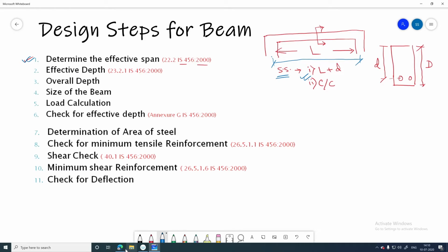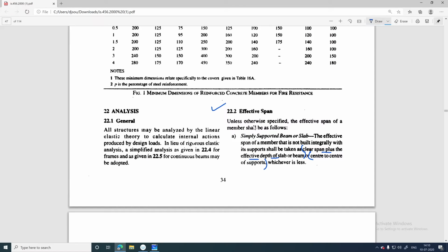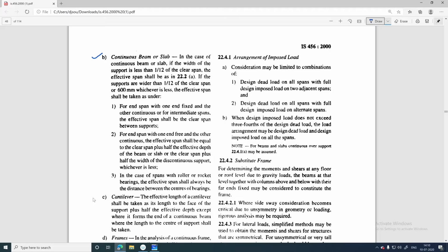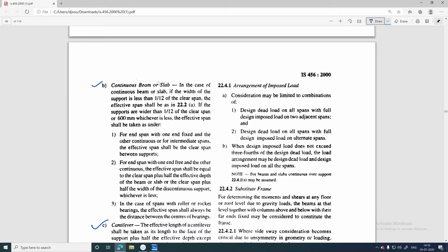Now this is for simply supported; for several cases it is given, for continuous beam, for cantilever, for frames. Just I am showing the continuous beam or slab. In case of a continuous beam or slab, if the width of the support is less than 1/12 of the clear span, so this is my support, right?